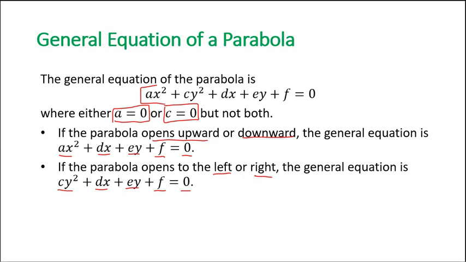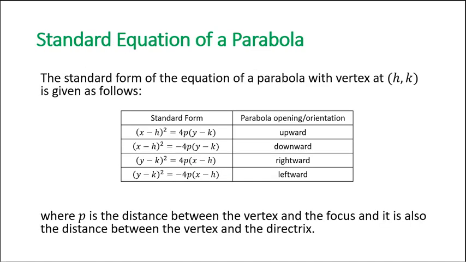Now, just like circles, we can write the general equation of the parabola in standard form. The standard equation of a parabola depends on the coordinates of the vertex, which will be denoted by h comma k. If the parabola opens upward, then the standard form is the quantity x minus h squared equals 4 times p times the quantity y minus k.